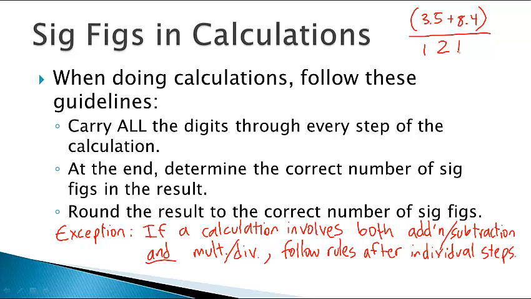If I were doing that problem, order of operations, PEMDAS, so what do I do first? Parentheses. So I'm going to add these two first. So 3.5 plus 8.4 is going to be 11.9.